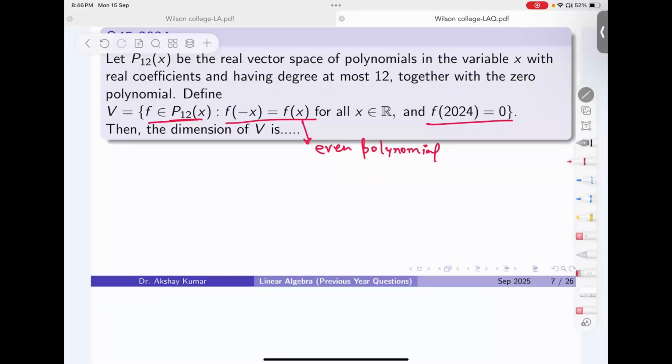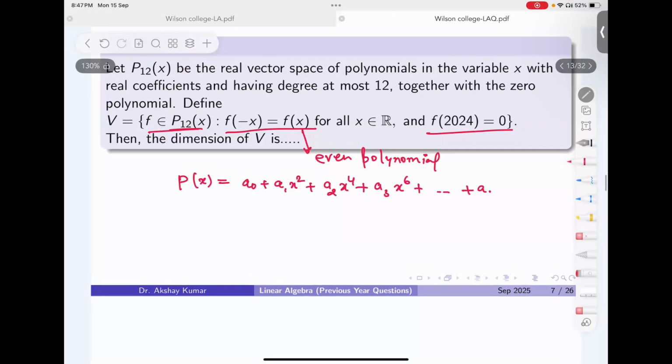So what is the general form of an even polynomial? The even polynomials look like a0 plus a1 x square plus a2 x to the power 4 plus a3 x to the power 6, a4 x to the power 8, a5 x to the power 10, a6 x to the power 12.